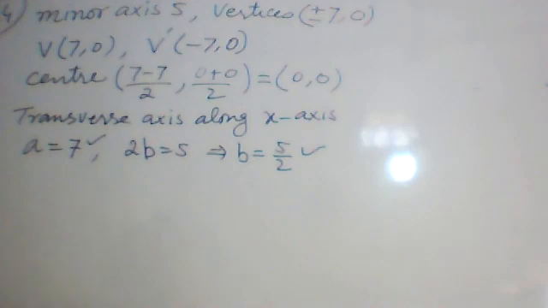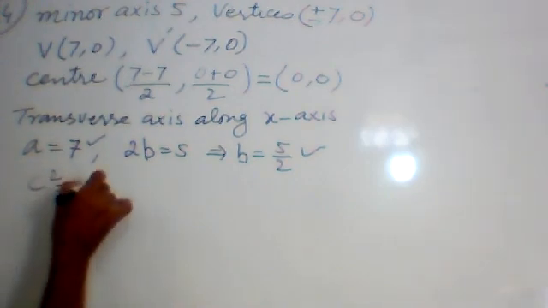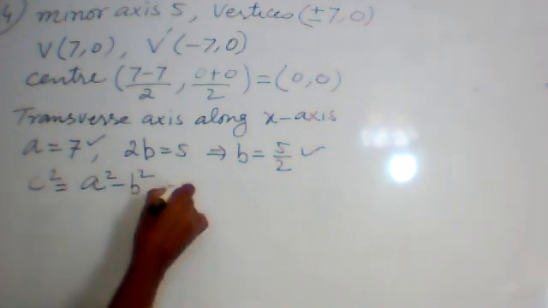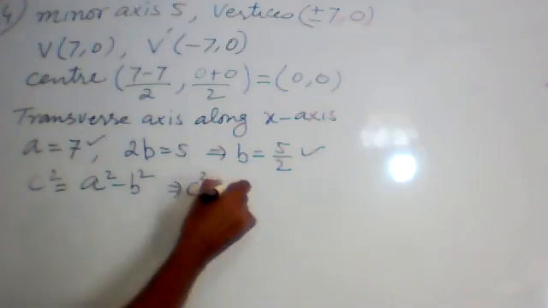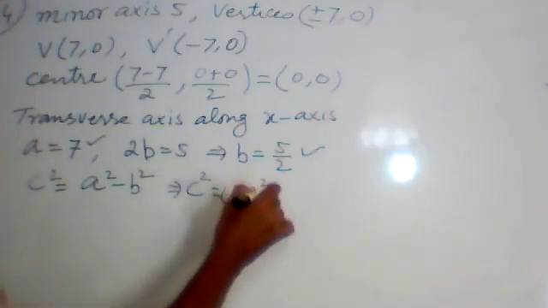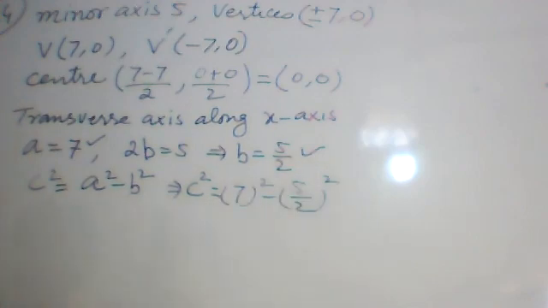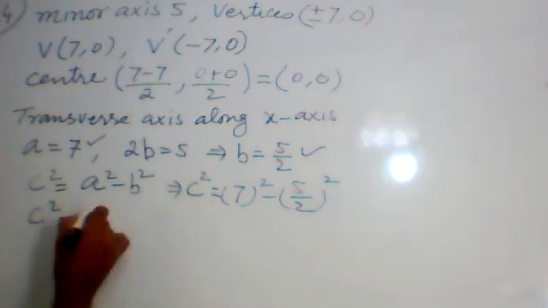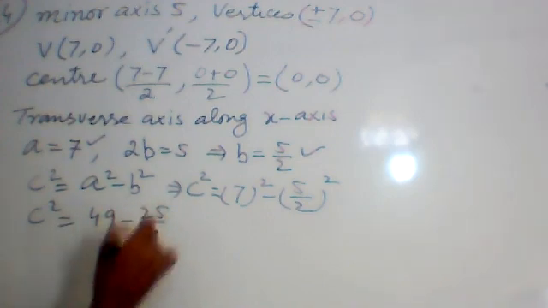Now we'll find c. Use the relation c square is equal to a square minus b square. So c square is 7 square minus (5 upon 2) square, which is 49 minus 25 upon 4.